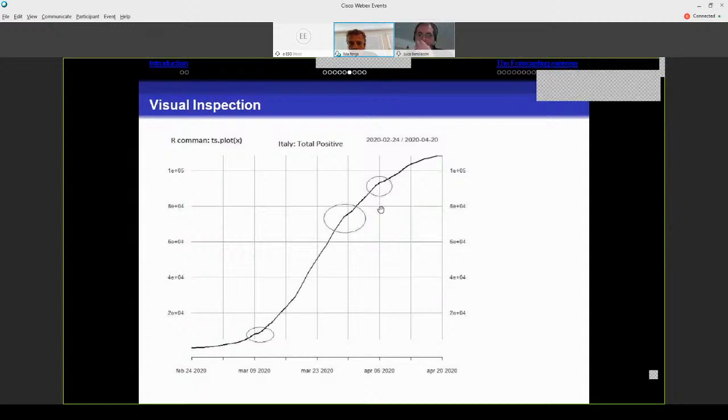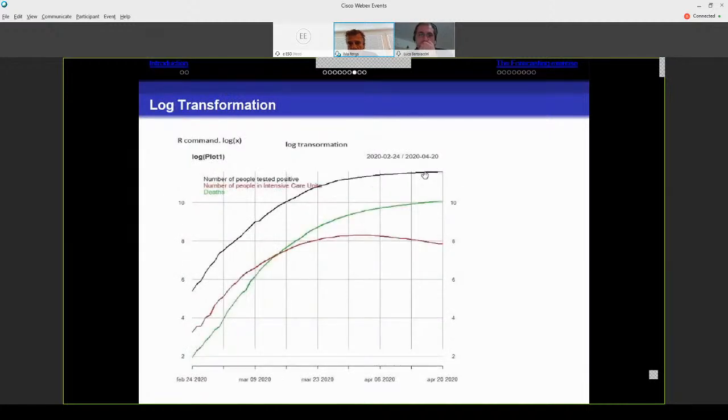According to this non-log-transformed data, I expect something like this. According to the log-transformed data, I expect something like this. So log transformation is a powerful transformation, which I really encourage you to consider once you have corrected your data.